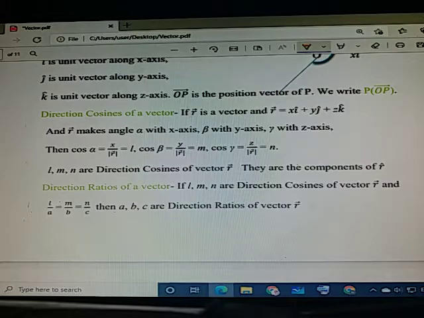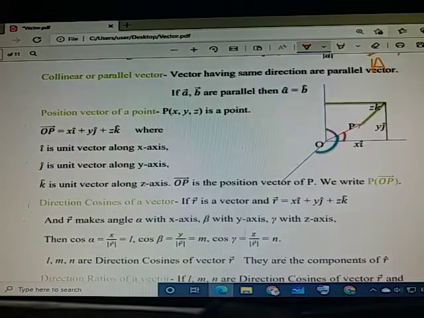In this diagram, you draw the projection here. This is OP cos alpha, where P is perpendicular to the x axis. So OP cos alpha is equal to x.